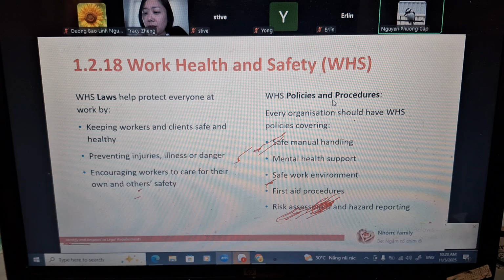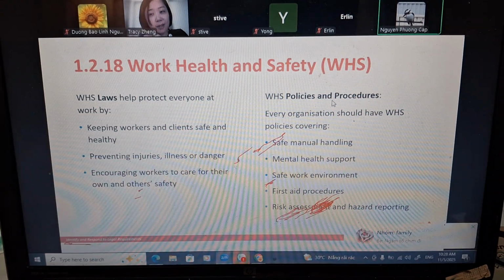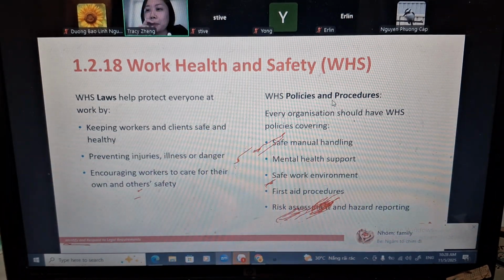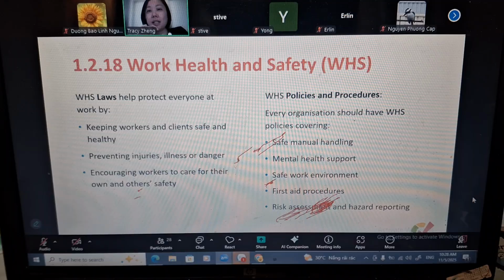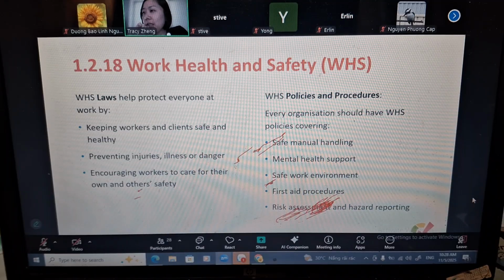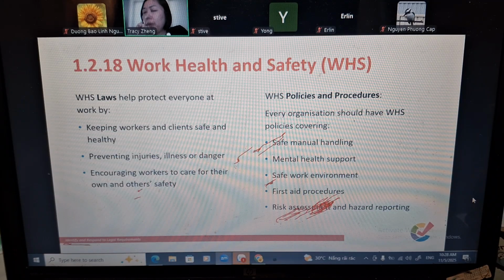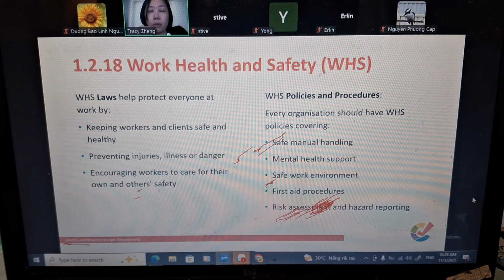I think we all understand now. The problem is how long we're going to memorize it. That's why you do need to, because at this stage you are not practicing those legal requirements.